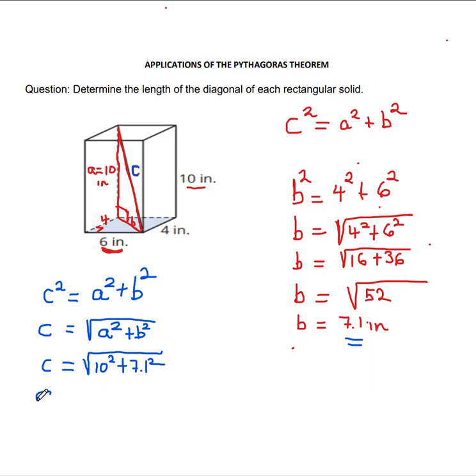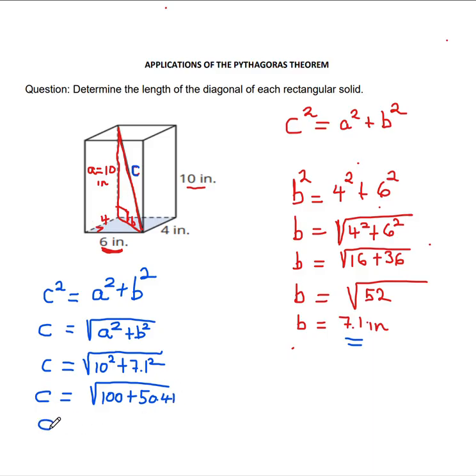And this is going to give us C equal to the square root. So let's simplify here now. 10 squared, which means 10 multiplied by 10, is going to be 100, plus 7.1 squared, which is 50.41.